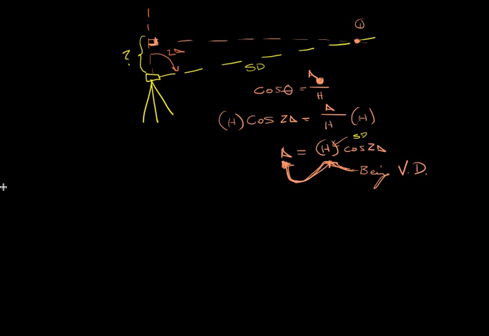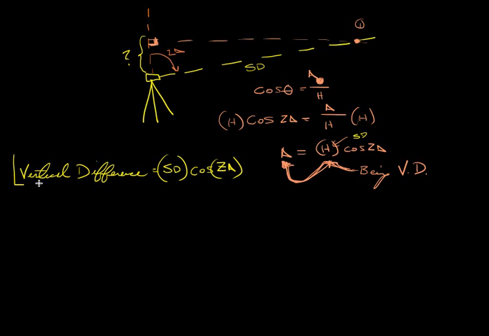Your vertical difference is equal to your slope distance times the cosine of your zenith angle.